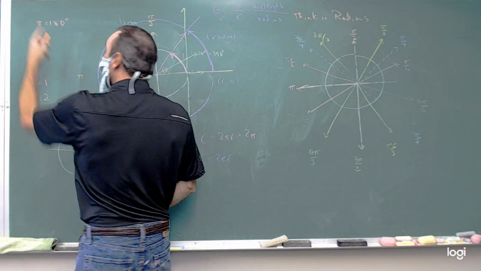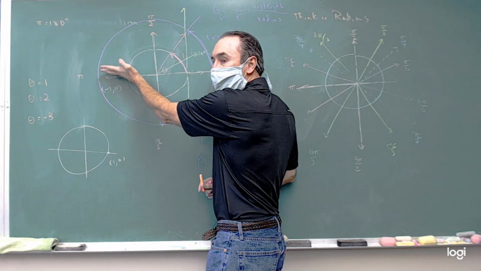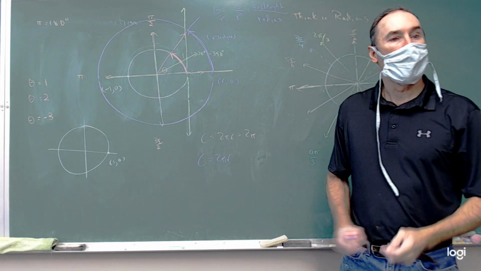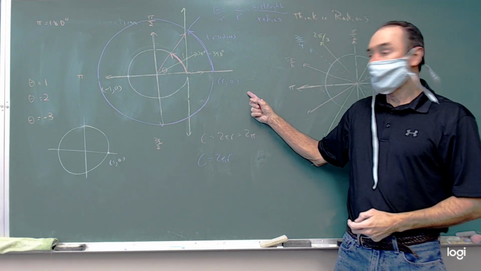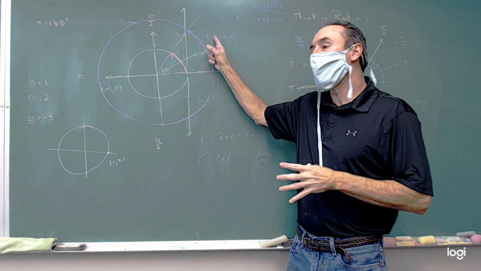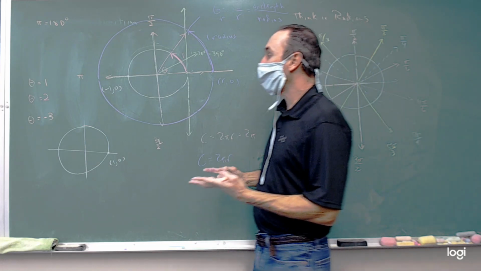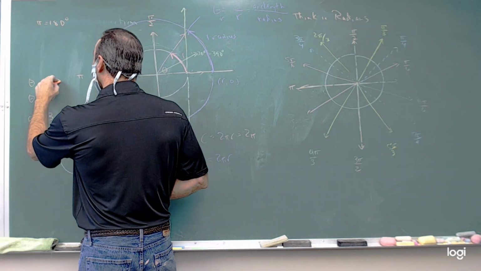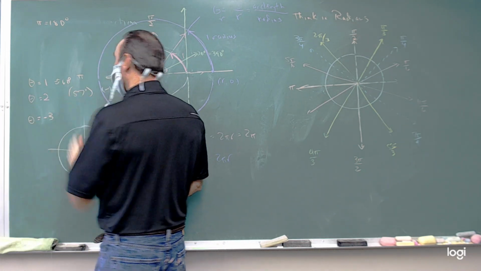And pi is about 3.14. So there's a little more than 3 radians in a semicircle, a little more than 6 radians in a full circle. So an angle of 1 radian is roughly about 1/6 of a circle, which is roughly 60 degrees. It's actually more like around 57 degrees.